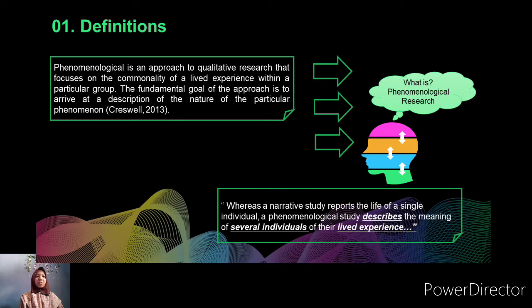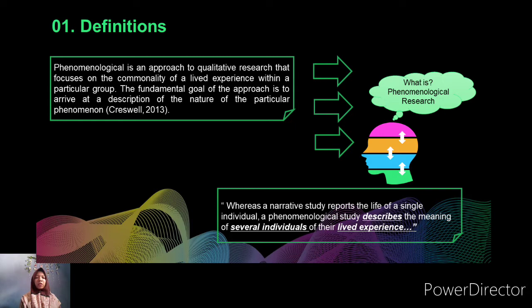The first, about definition. What is phenomenological research? Before we continue with the definition, I will give a short explanation about what research is. Research comes from two syllables, re and search.